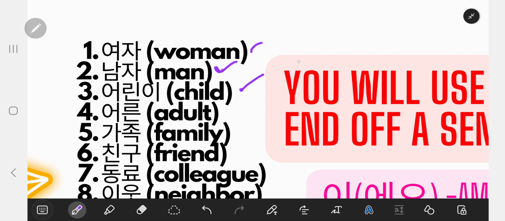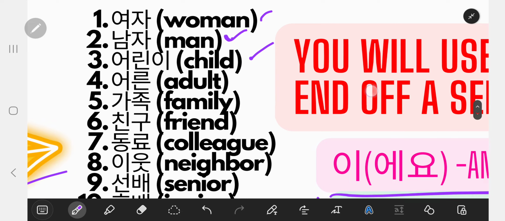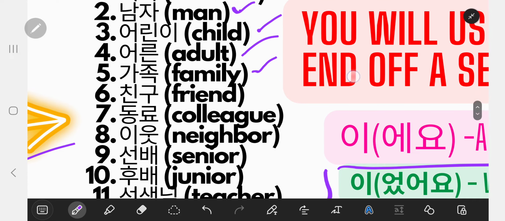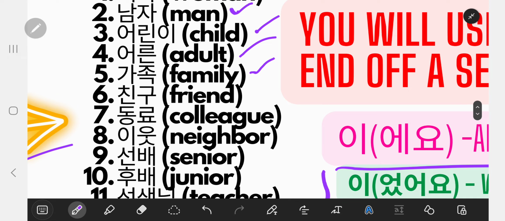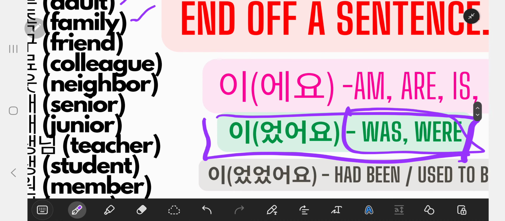It was the child or it was a child. You don't know yet. 어른 3, 2, 1 이었어요. 가족 3, 2, 1 가족이었어요. It was my family, it was the family, or it was a family. We don't know from the context. There's no context yet. It could mean a whole host of things. Just know that was.